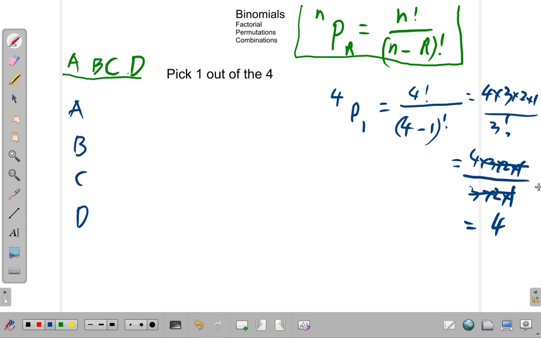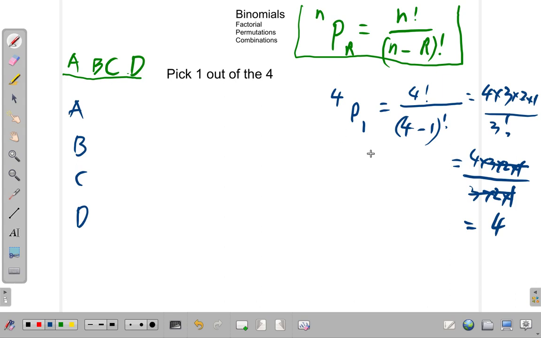So this formula works. It is the formula that tells you the number of arrangements you can make when you choose r items and arrange them from n available items.